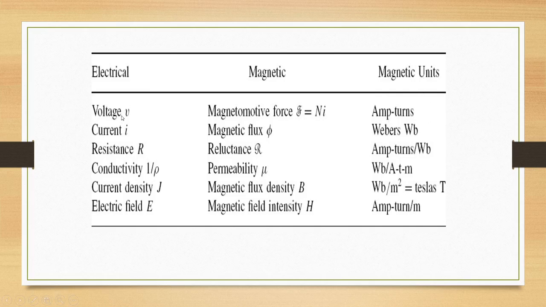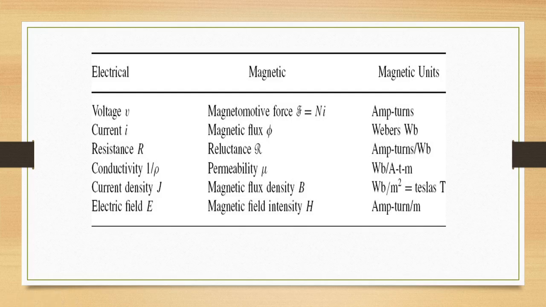The term voltage in electrical is similar to magnetomotive force in magnetic circuit, and the units of this magnetomotive force is ampere turns. In electrical circuit, current I is represented by magnetic flux in magnetic circuit and units are Webers.